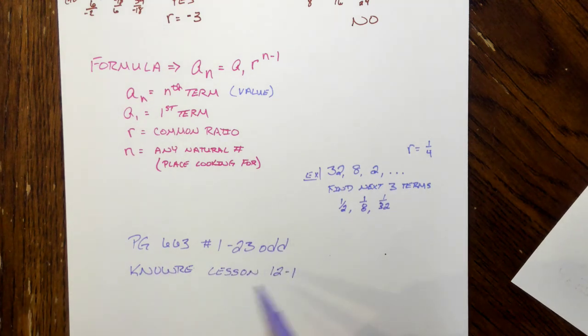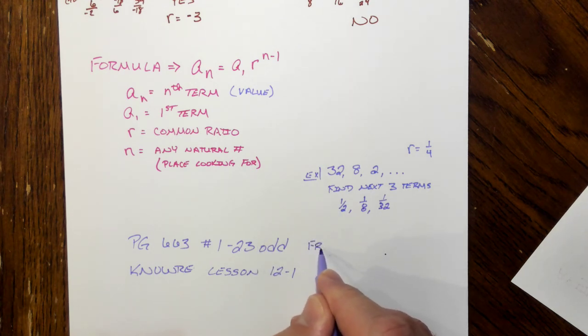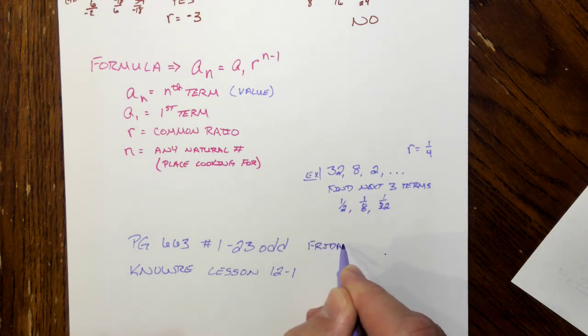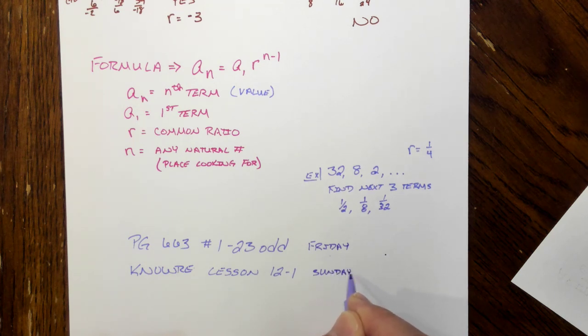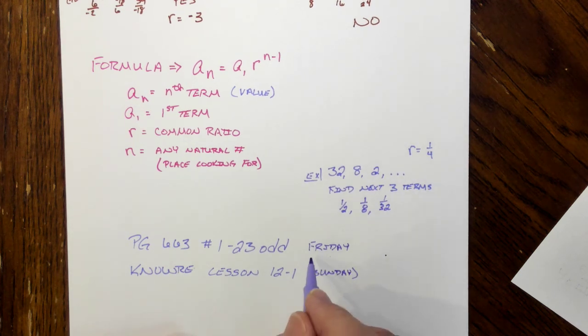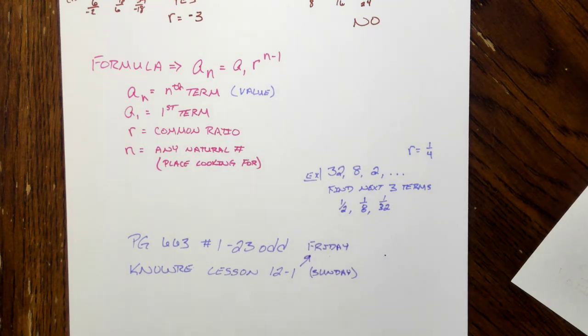I'd like them both by Friday, this for sure. It would be nice if you have this done by Friday, but I will give you the weekend to get used to it. But again, I'd like Friday just so I can work on getting the grades and getting those in for you.